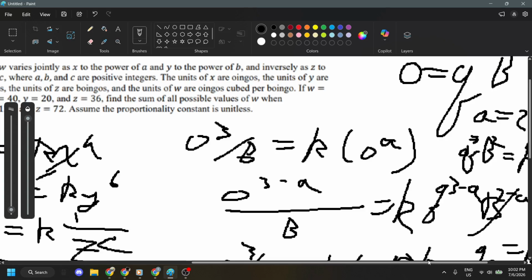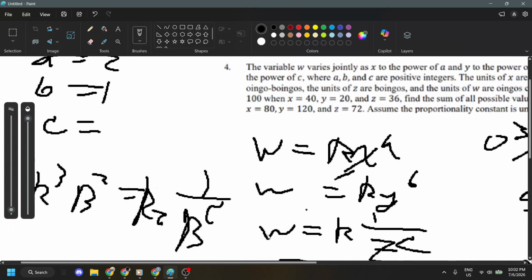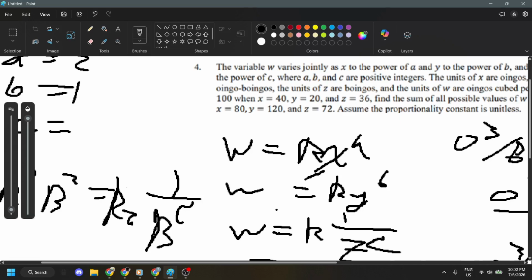Oingo's cube per Boingo is in fact Q cubed Boingo squared, but I still don't have a font, or just the units don't work is what I'm trying to say, and that's confusing me. That's concerning me and confusing me, and I don't know what to do.